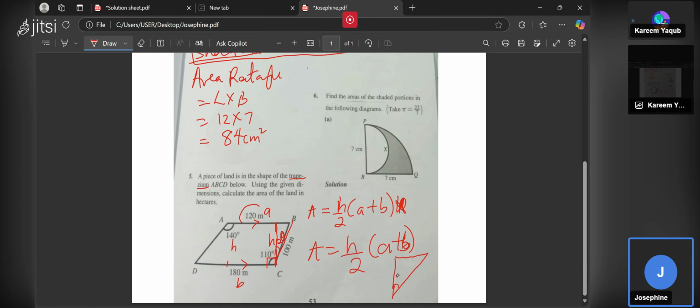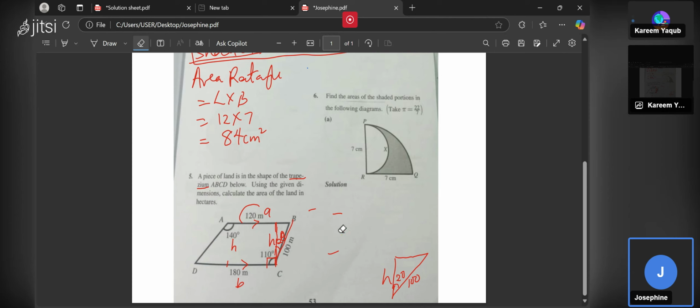This place is 20, this place is 100, and this is the height I'm looking for. So which means I'm going to apply SOHCAHTOA here as well.